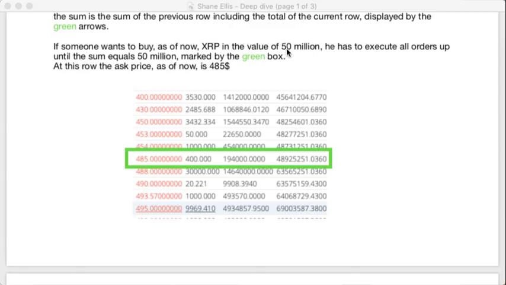So one single transaction of 50 million can drive the price up to $485 as of today. Now, it changes every minute because there are new sell orders coming, others are being deleted.